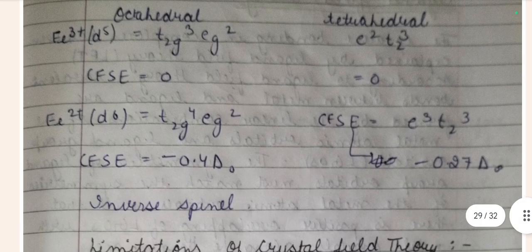In octahedral Fe2+, t2g4 eg2, the CFSE is equal to minus 0.4 delta o. And in tetrahedral Fe2+, the CFSE is minus 0.27 delta o. So it is an inverse spinel.